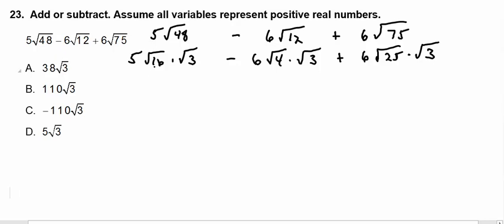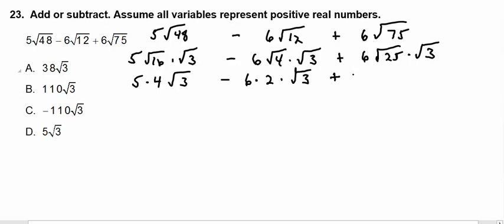So for our first term again, this becomes 5 times the square root of 16 is 4 times the square root of 3. For our second term, we have 6 times the square root of 4, which is 2, times the square root of 3.